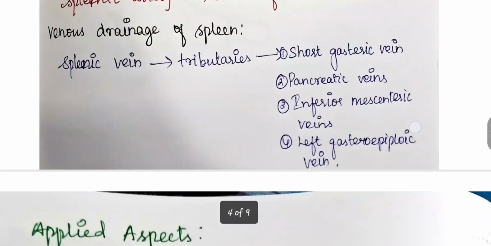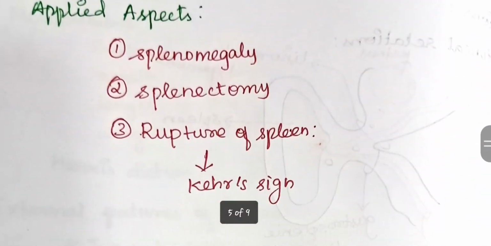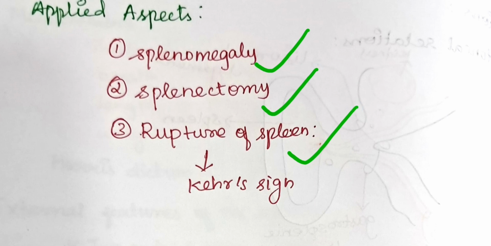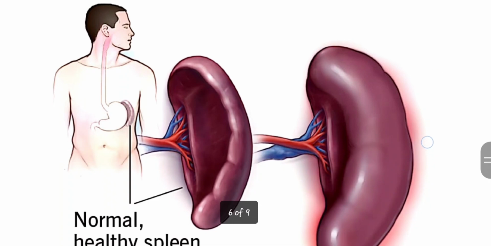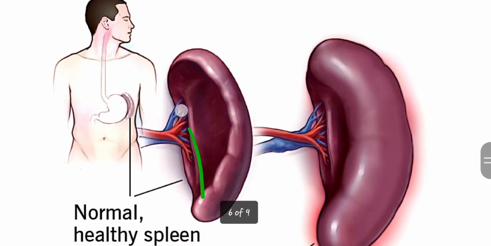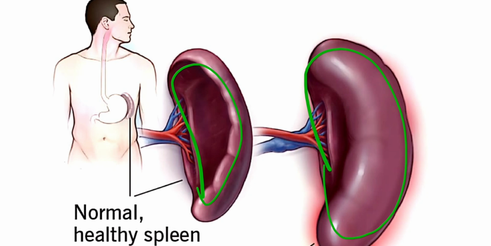Coming to the clinical aspects, we have splenomegaly, splenectomy, and rupture of the spleen. Splenomegaly is when the spleen gets enlarged. This is the normal spleen. This is the enlarged spleen.